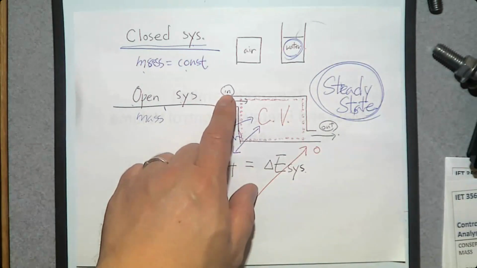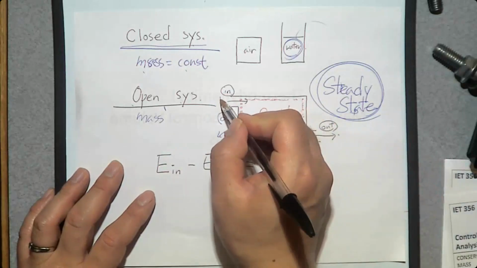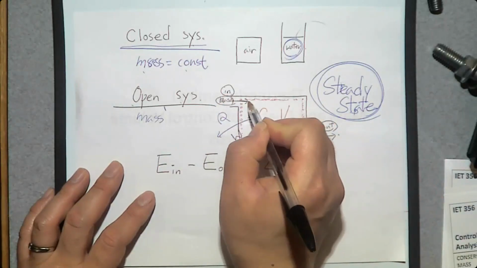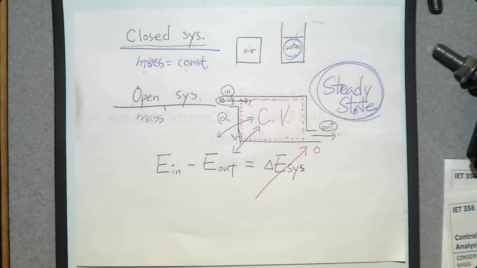What happens at the inlet? There is mass going in. If the control volume is about, let's say, 20 degrees Celsius, now mass goes in, and this one is 1000 degrees Celsius. What's going to happen? The temperature of this control volume goes up because of energy entering the system, because of energy transfer by the mass entering the system.